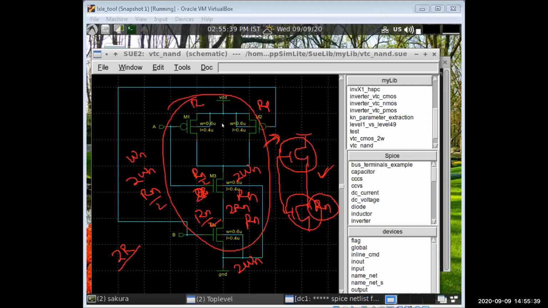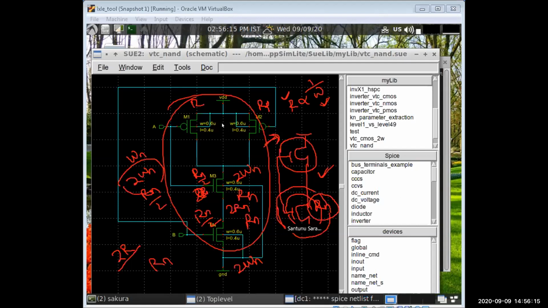R is inversely proportional to W. If you increase W, then R will decrease. So that's why if you make 2 Wn, you will get resistance Rn by 2. So finally, if both are in series, you will get Rn. Yes or no? Yes, sir. So Rn means now the pull down network will equal the inverter.